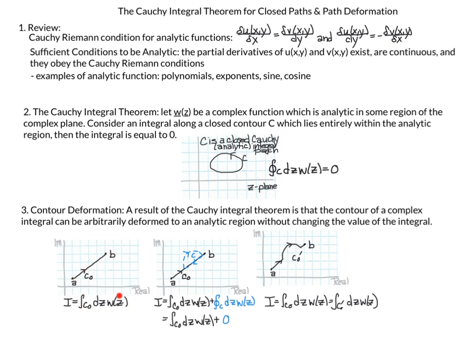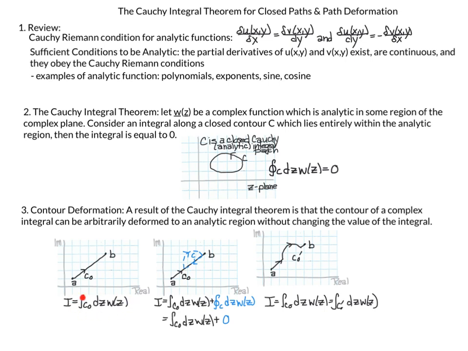We take the integral of some function w of z over c naught. Let's also say that w is analytic in this region. Then we can draw this other curve, and it's a closed curve which is dotted in blue, and I'll call that curve c. So it's a closed curve, it's blue, it's analytic in the region, so that means the integral over this curve is 0.